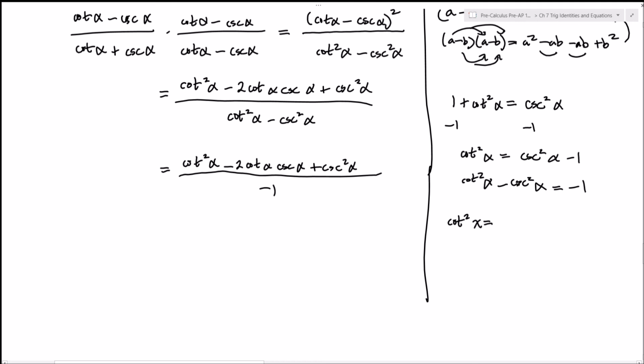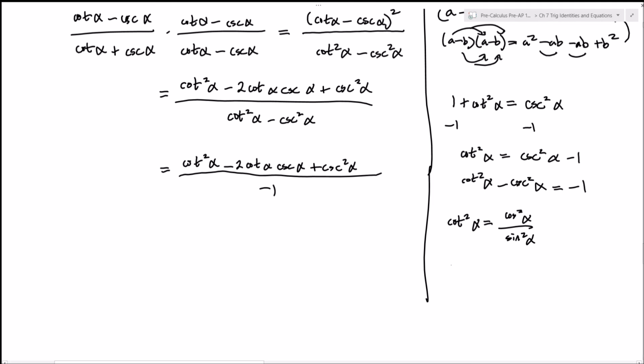If you remember, cotangent is cosine over sine, so cotangent squared is cosine squared over sine squared.